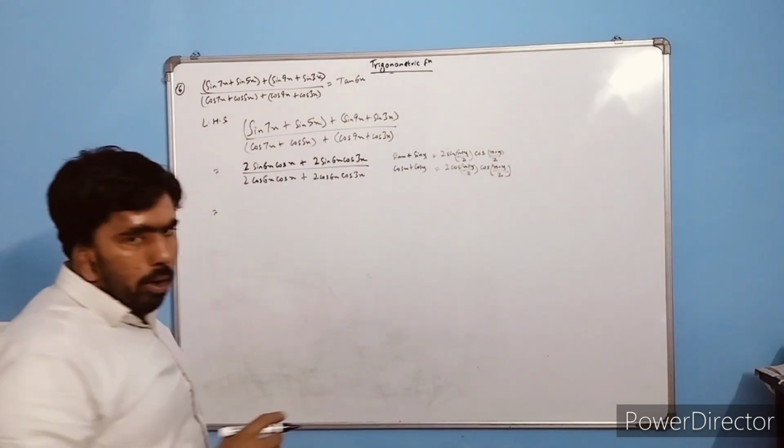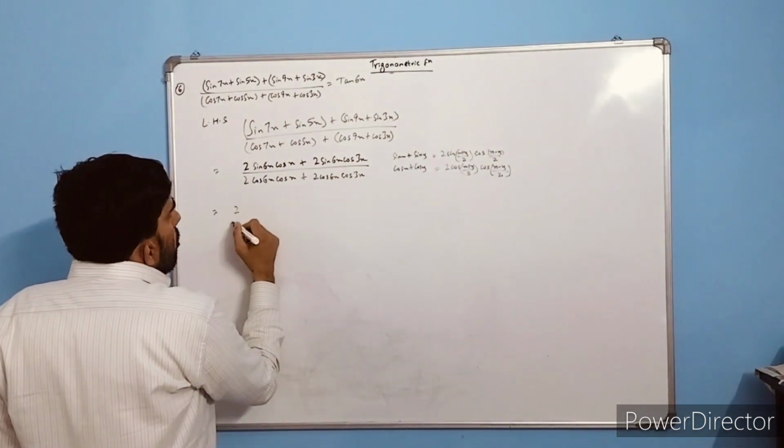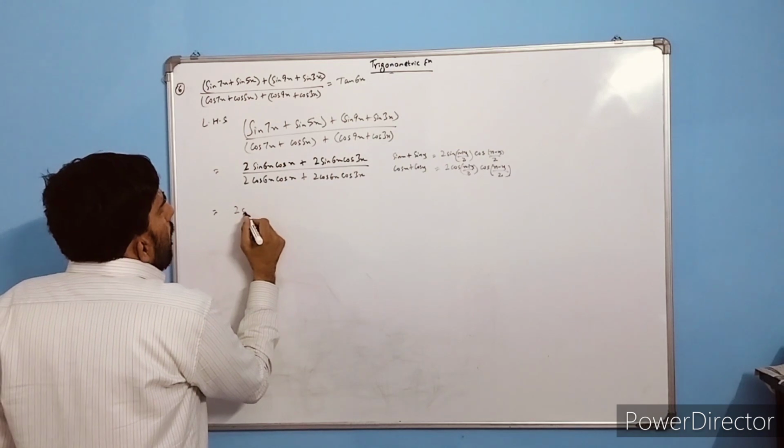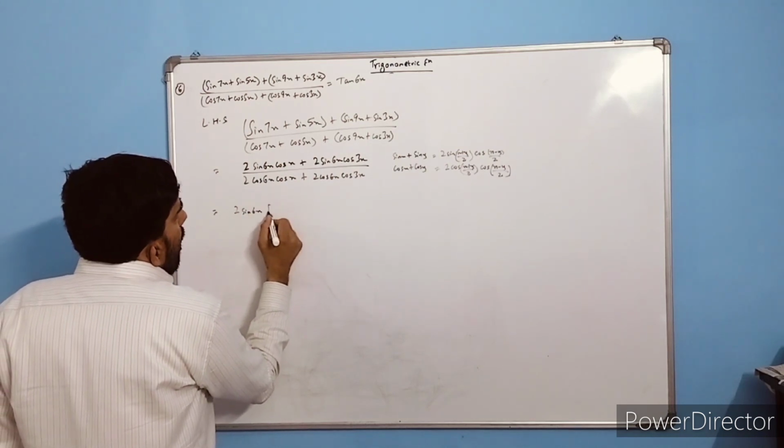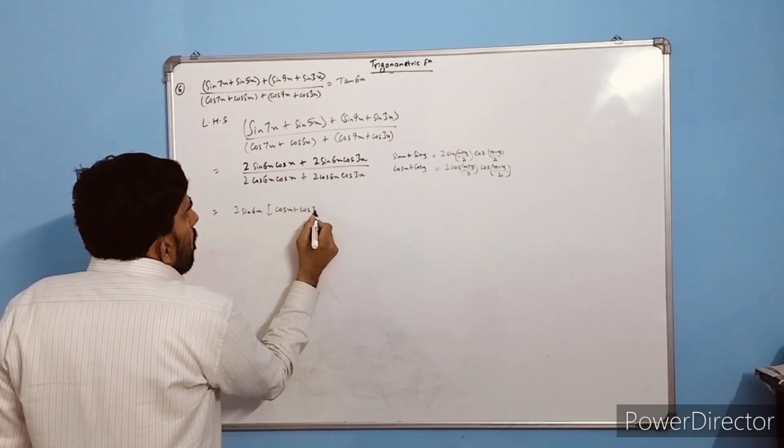So we have solved. Now see what we can take common from the numerator. 2 sin 6x. Now what do we have? Cos x plus cos 3x.